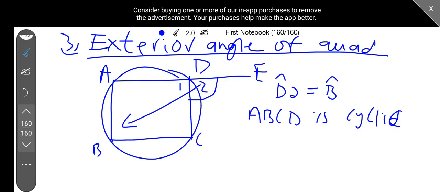And again, if angles in the same segment, the ones subtended by the same arc, are equal, therefore it's also a cyclic quad. And the last one is exterior angle of a quad. If it's equal to the interior opposite, interior means on the inside, therefore it's also a cyclic quad. So these are 3 conditions. So make sure you're able to do them.